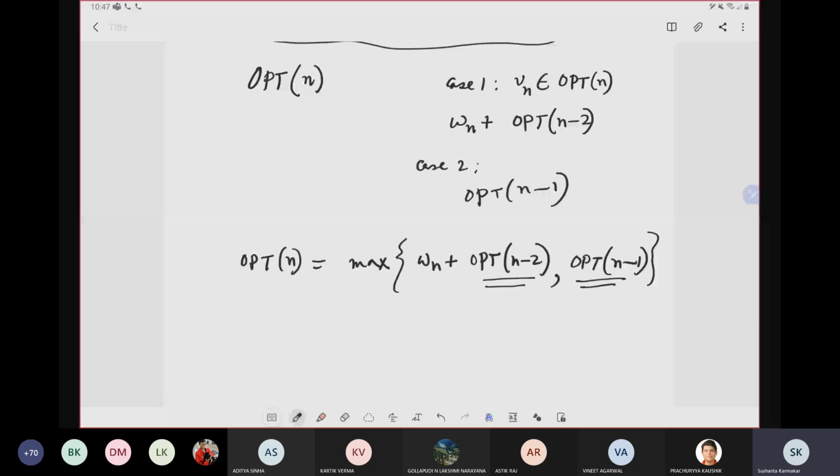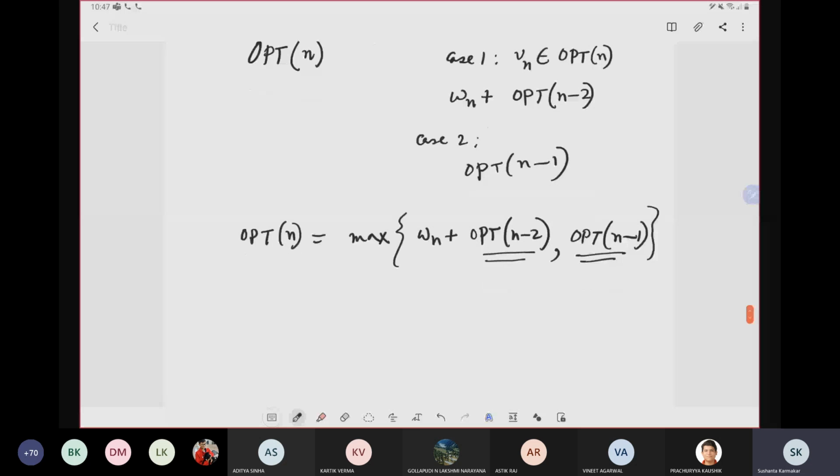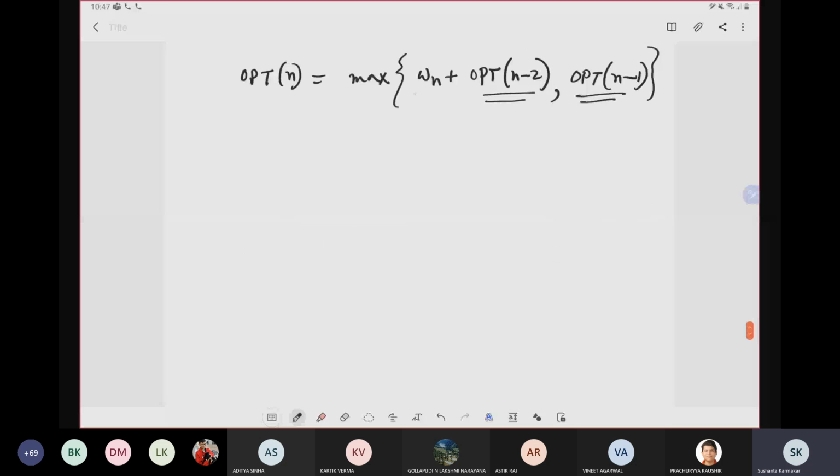I may have to call this function recursively, but if you think of what I need to do, I have all the Wn values. So you can create a tree structure, something like this. To get opt n, you need opt n minus 2 and opt n minus 1. You need to separately calculate these.